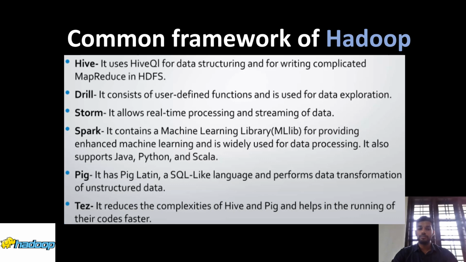Spark mainly contains a machine learning library, which is used to perform enhanced machine learning techniques and is widely used for data processing. It also supports other programming languages like Java, Python and Scala. Pig is similar to an SQL language, and it performs data transformation of unstructured data. Tez reduces the complexity of other frameworks like Hive and Pig and helps in running the code faster.